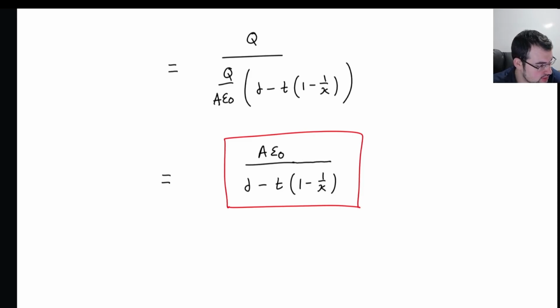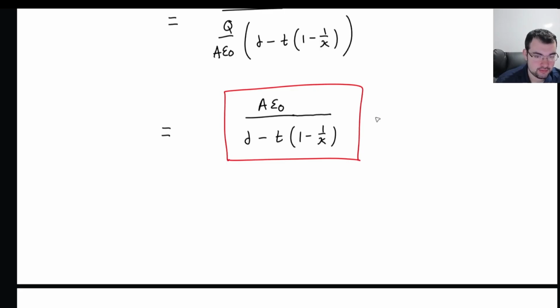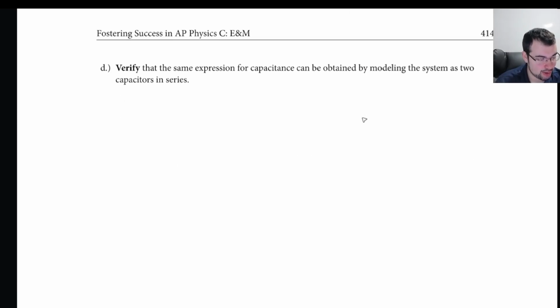But first, we're gonna show that this is actually a series capacitance setup. All right, this is why I apologized in advance. We are going to show that we get this expression also by modeling this as capacitors in series.